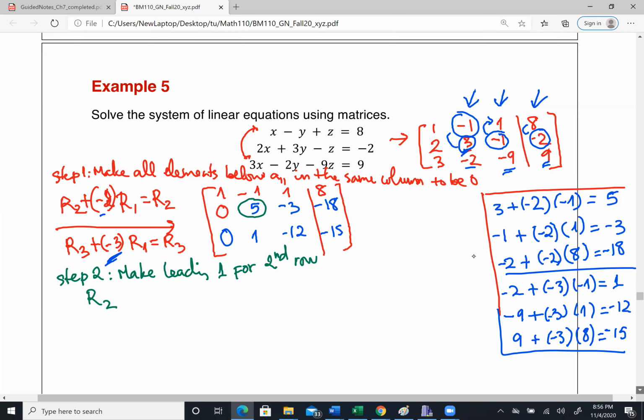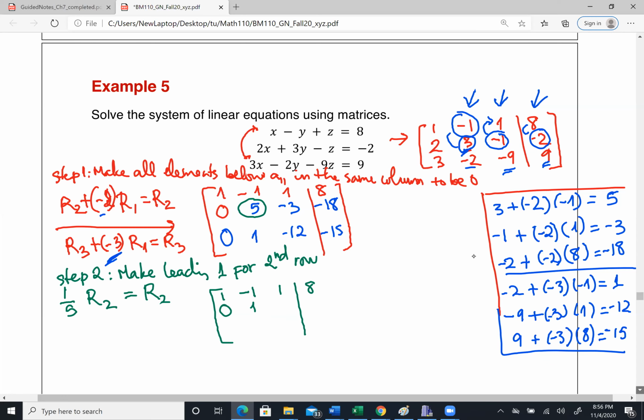Row 2 multiplied by 1/5. That's going to make its 5 become 1. So then I have 1, -1, 1, 8. First row should not change. Second row will be 0, 1.